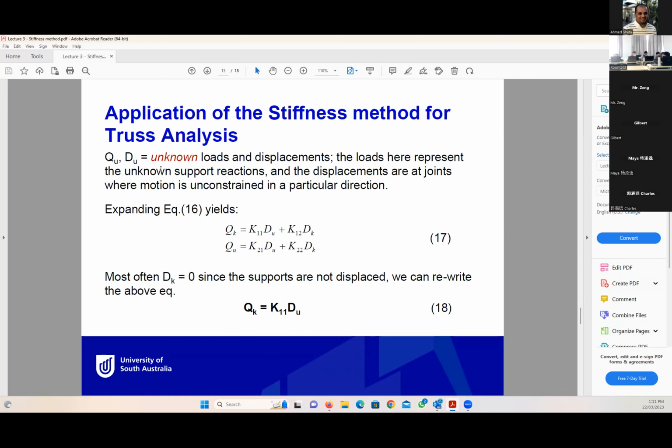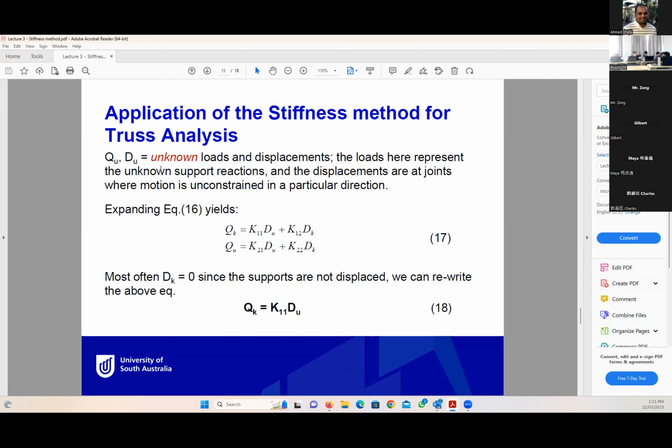Okay, if we expand equation 16, QK will be K11 DU plus K12 DK, and QU will be K21 DU plus K22 times DK. Most often DK is equal to 0 because the supports cannot move, so we can write the above.